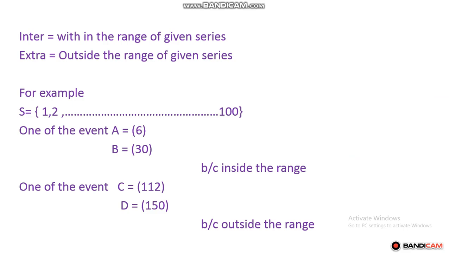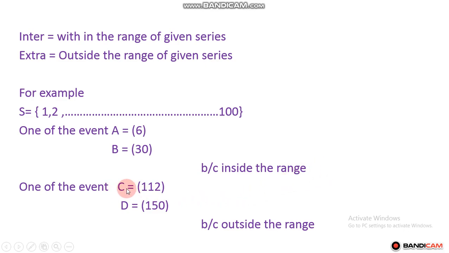The sample space is 1 to 100. 1 we can consider as y0 and 100 as yn. For two events, I took A equal to 6 and B equal to 30. These two numbers lie in 1 to 100, that is y0 to yn. So 6 and 30 lie in 1 to 100, so we call this inside the range of the given series.